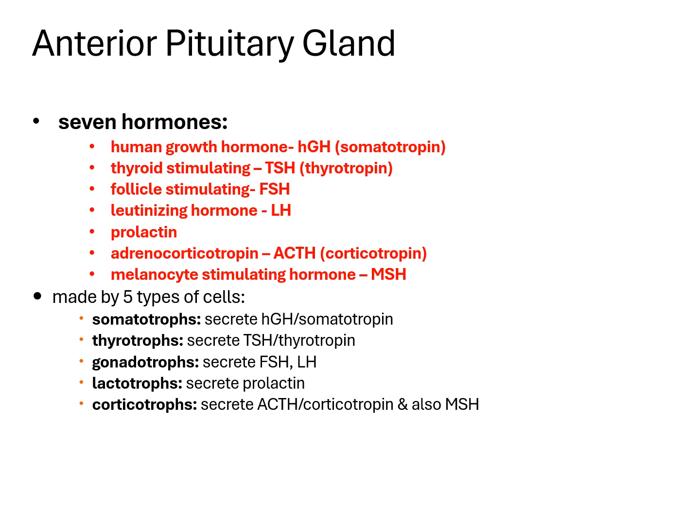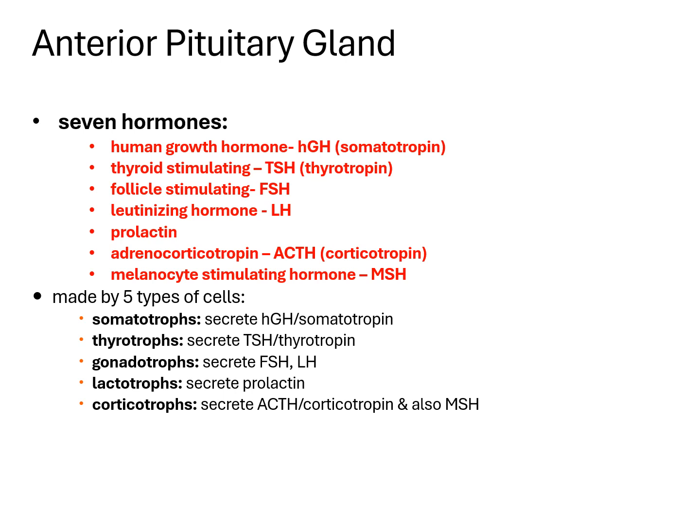Each of these 7 hormones comes from 5 types of cells. The anterior pituitary is made up of the following cell types: somatotrophs, thyrotrophs, gonadotrophs, lactotrophs, and corticotrophs. The somatotrophs make the human growth hormone, or somatotropin. The thyrotrophs make thyroid stimulating hormone, or thyrotropin.